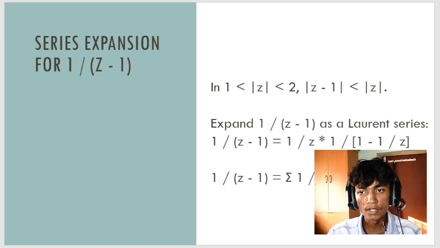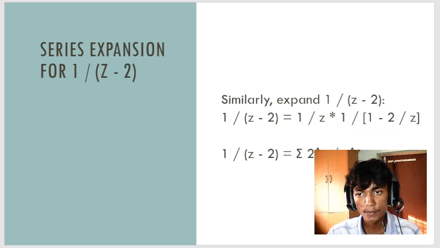Series expansion for 1/(z - 1): in this region, |z - 1| is less than |z|. Expand 1/(z - 1) as a Laurent series: 1/(z - 1) = (1/z)(1/(1 - 1/z)), which gives 1/(z - 1) = Σ (1/z)^n.